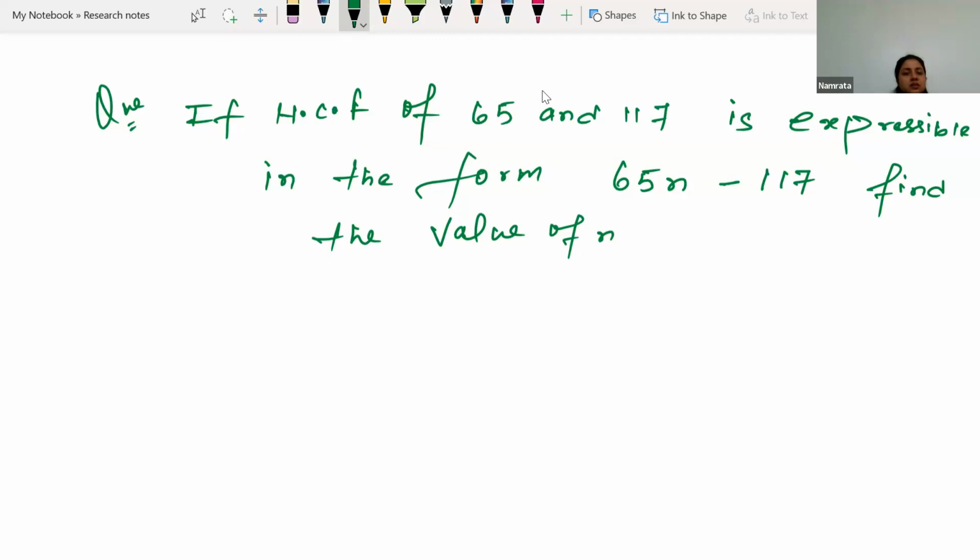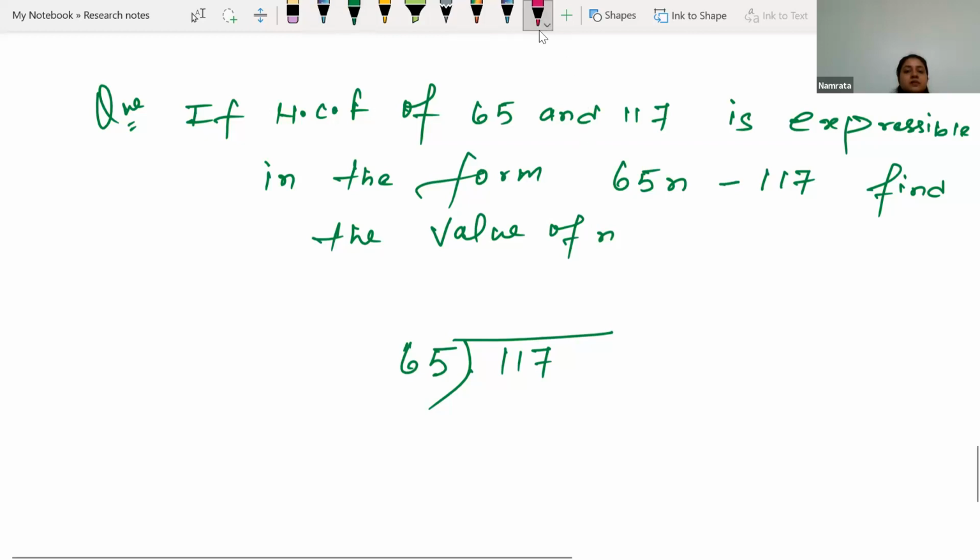Yeah, let's find. So what will be the HCF of 65 and 117? Let's do it by the long division method. How many times will it go? You all know the long division method, right?